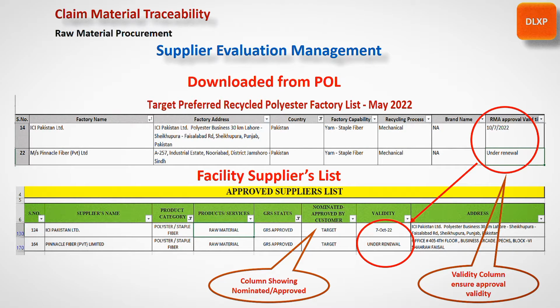In the second column, we are mentioning the approved supplier list. Here are the two columns mentioned in the previous slide: nominated and approved by customer. You can mention this in your column. And in the last column, the validity of this audit is mentioned in your approved supplier list, where it is very traceable for you to identify that this supplier or this certificate or audit is valid up to that date.